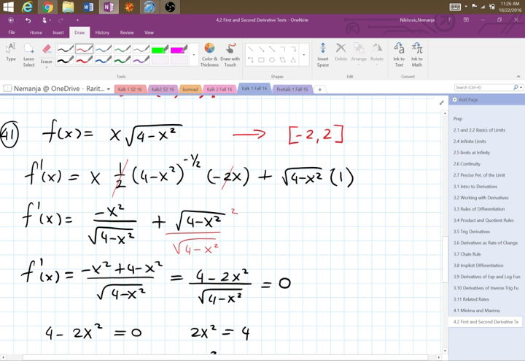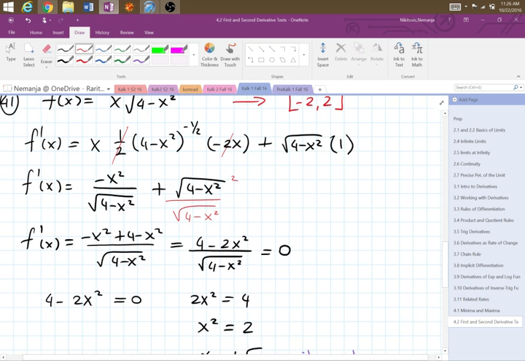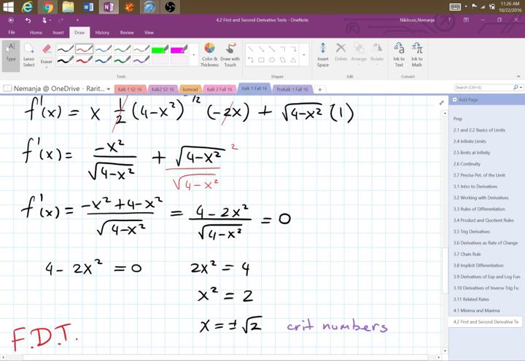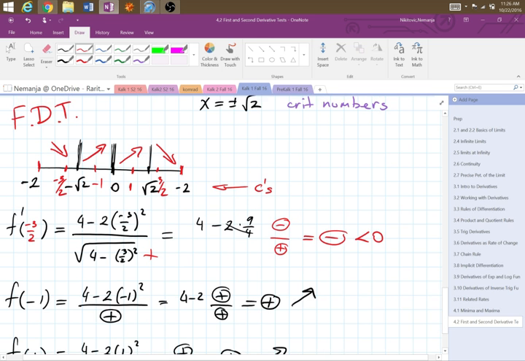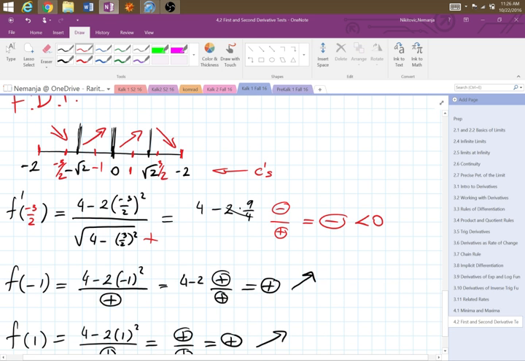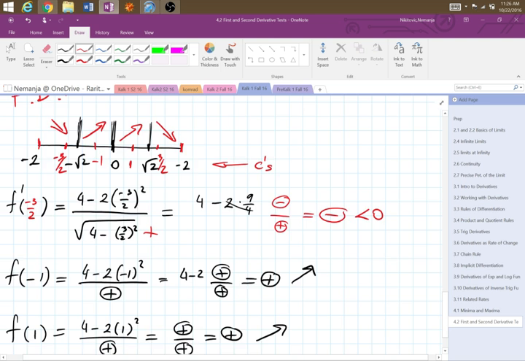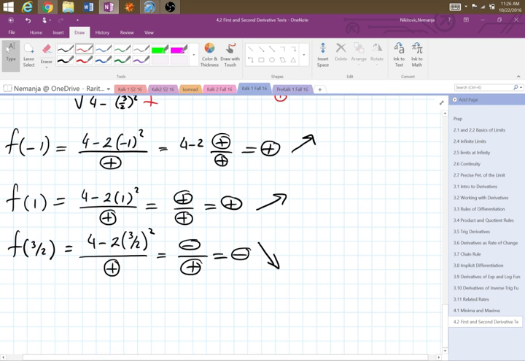Great. So now we can see that we have a minimum at negative root 2 and whatever the y value is, and the maximum at x equals positive root 2.